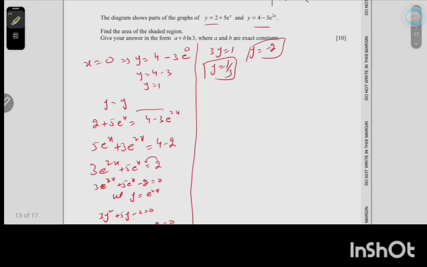Which answer we have to pick? Minus 2 is not possible. Why is it not possible?